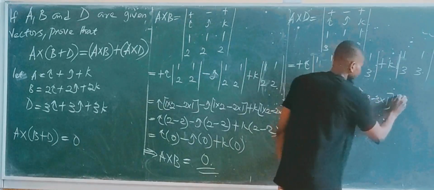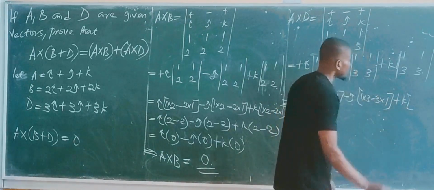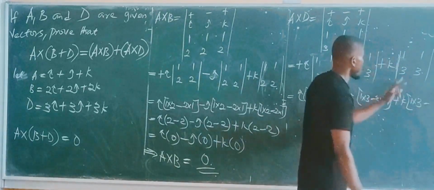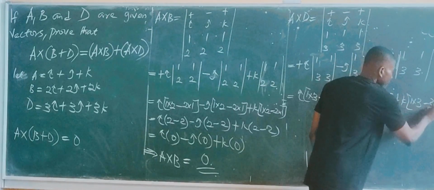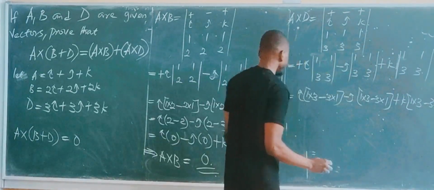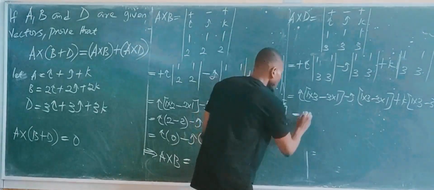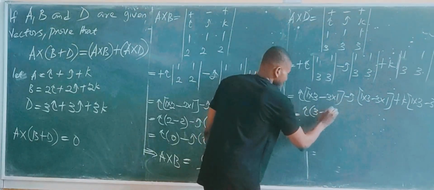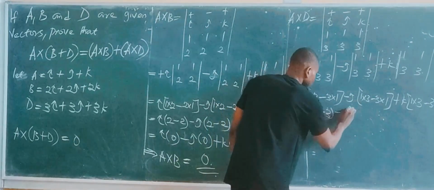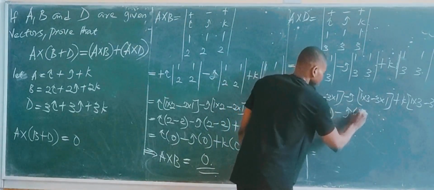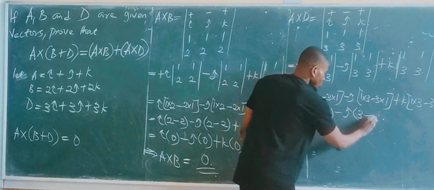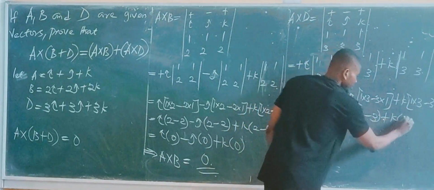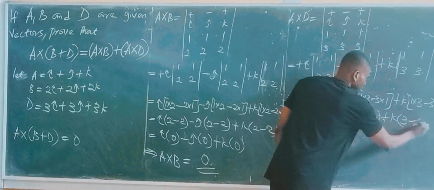Okay, finally plus k into measure 1 times 3 minus the minor 3 times 1. Okay, so you have this. Now this is equal to i into 1 times 3 is 3, minus 3 times 1 is also 3, minus j into 1 times 3 is 3, minus 3 times 1 is also 3, plus k into 1 times 3 is 3, 3 times 1 is also 3.